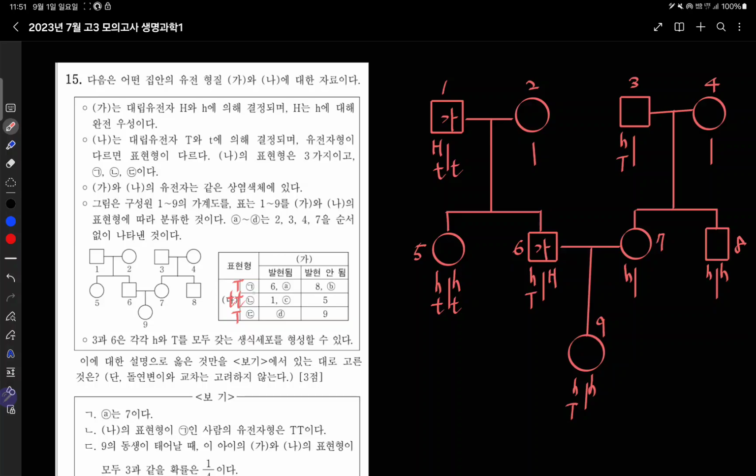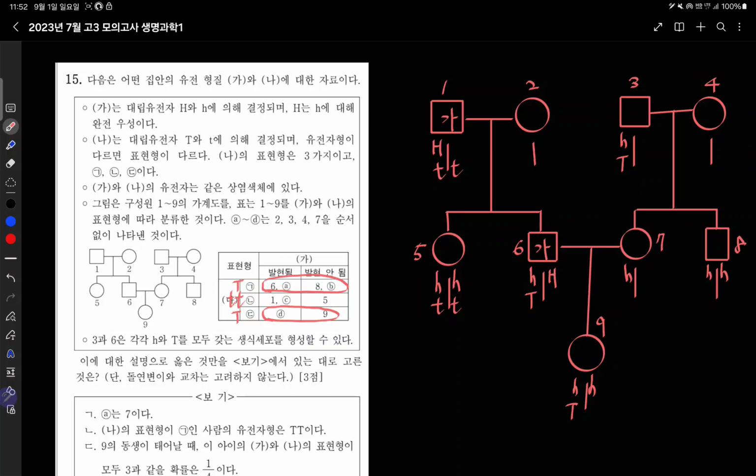And if we compare the first phenotype and the third phenotype, it is more likely that there are more heterozygous people than homozygous people.